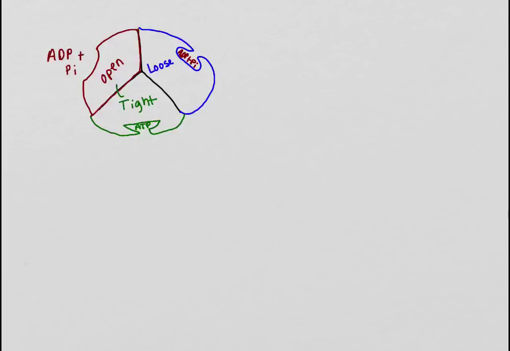So let's give that a try. So saying that now that 120-degree rotation takes place, swishing in of 3 protons, now we can say that what was the open site now becomes a loose site. So let's start with our peace sign.